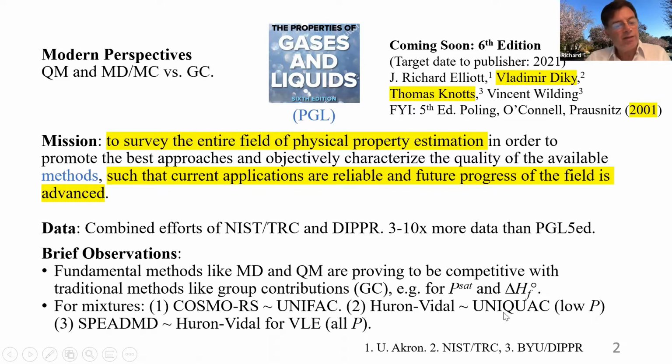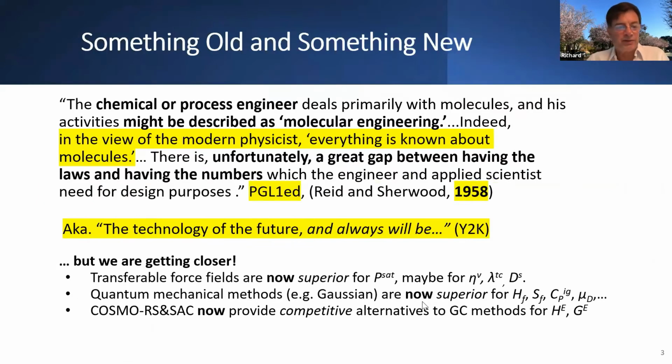And then this SPEADMD method, which is a kind of a cross between a group contribution method and an MD method. The reference fluid is fully simulated, and the attractive interactions are inferred by a kind of regression. Well, it's close to being competitive to this Huron-Vidal method. So that's pretty much where we're at. Those are the highlights, and so now let's dig into some of the details.